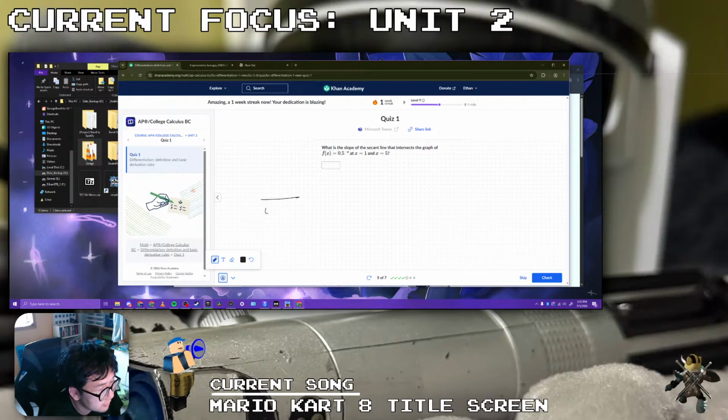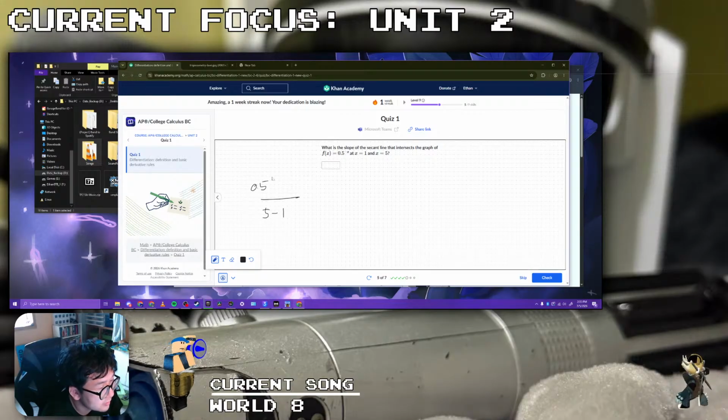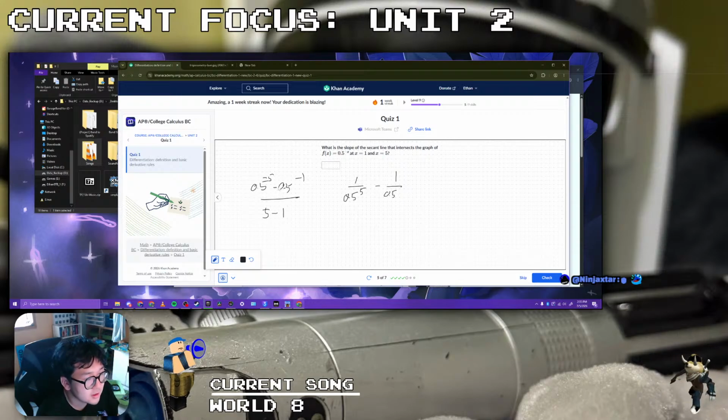So we have 5 minus 1, and we're gonna have 0.5 to the 5th minus 0.5 to the negative 1. So basically this is just going to be 1 over 0.5 to the 5th minus 1 over 0.5. Since these are the same base, no, that's multiplication.